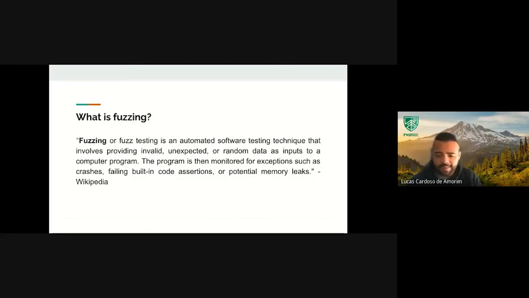The whole idea is to provide invalid and unexpected input or random data to a given endpoint or function. The second part is we have to have visibility to find out when things have gone wrong, like when a crash occurs, or when there is a potential memory leak or potential memory corruption.